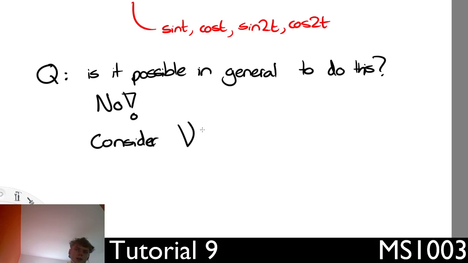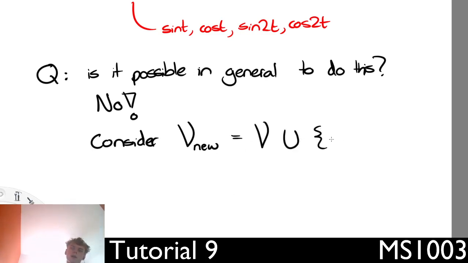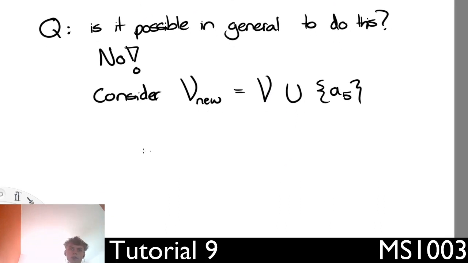Okay, so consider V subscript new. This is going to be a new vector space. It's going to be our normal V, but I'm going to add to V a new thing, which is going to be just a constant.